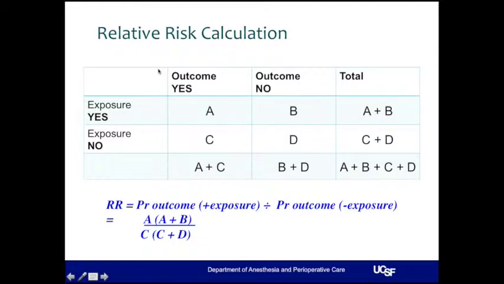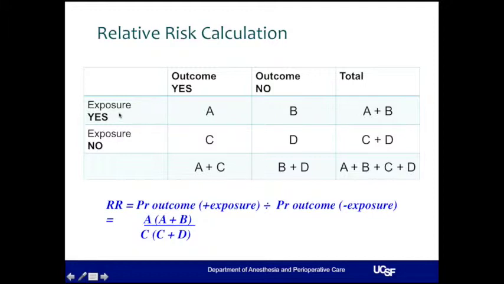We make a 2-by-2 table where on the top you have the outcome yes, or the outcome no. And you had the exposure, the risk factor, whatever that was, yes or no. And we're going to say the relative risk is going to be the probability of an outcome with an exposure divided by the probability of an outcome without the exposure.